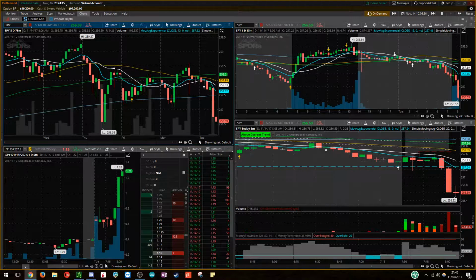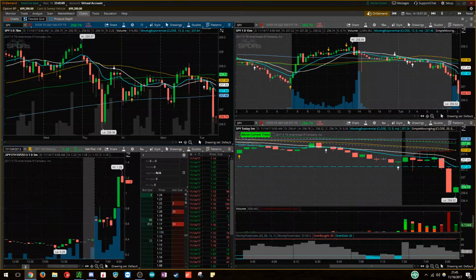52. There's still some serious selling volume right here. Little buying. Now pretty much equal on both sides. Let's see here. 75. Let's see, 75. 80 is my selling point.